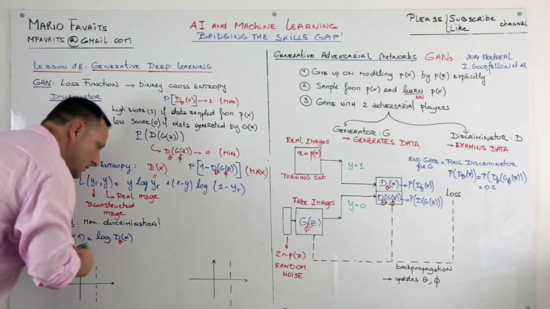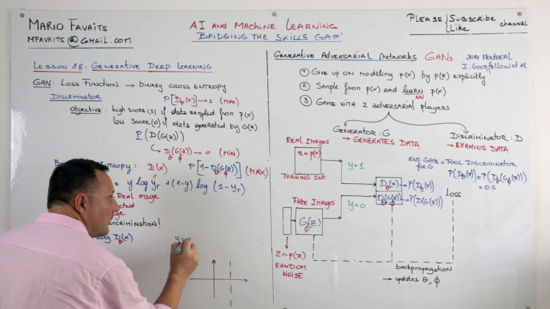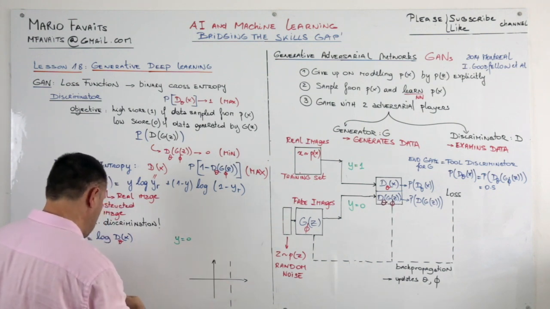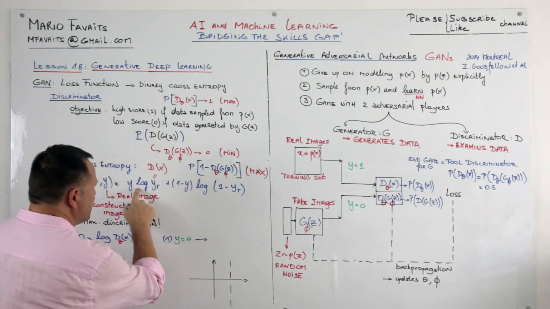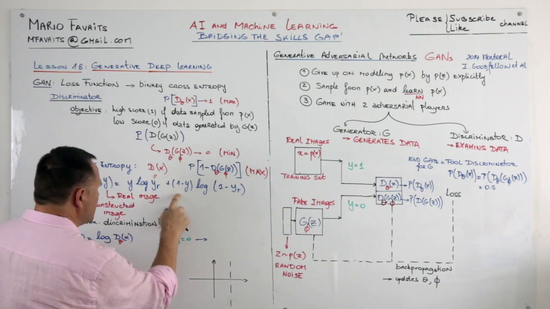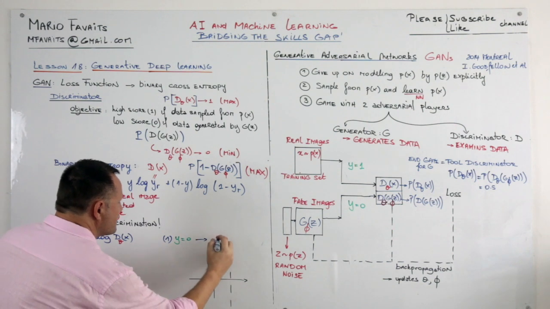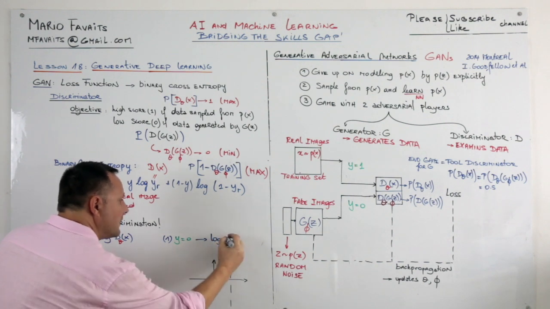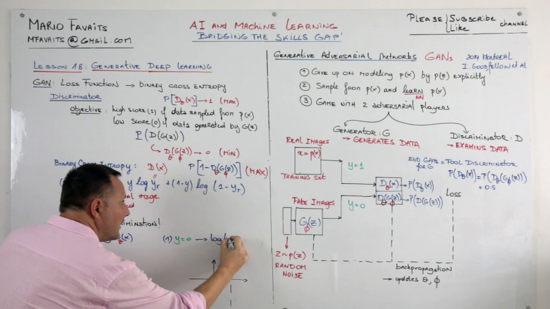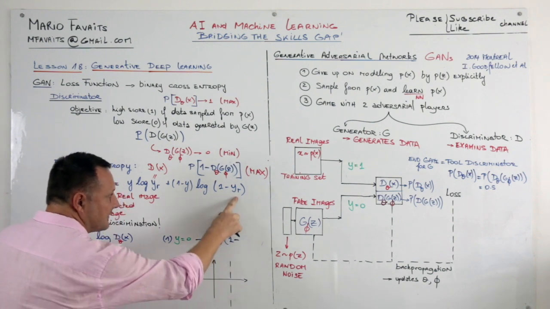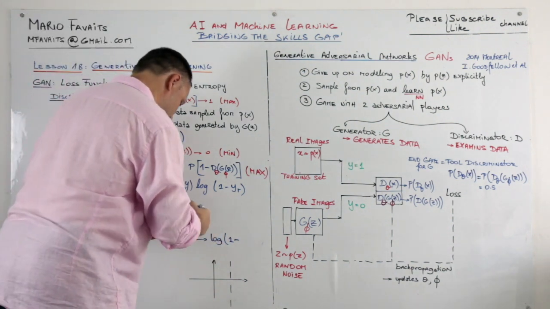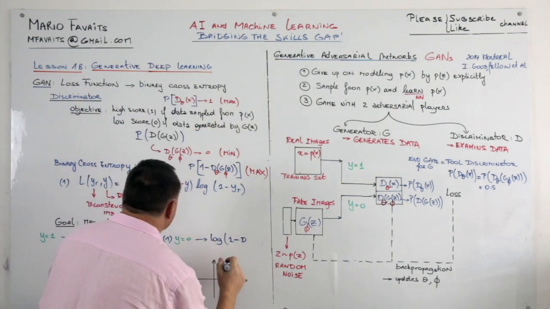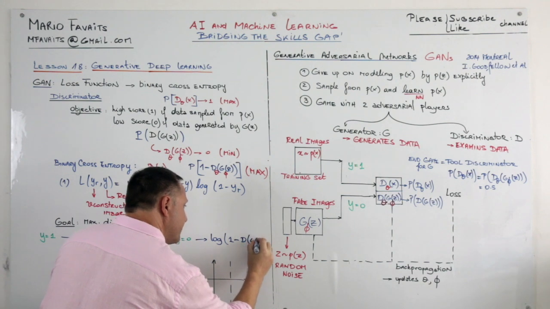Now, if y is 0, that means that using formula 1, this term will disappear, and this term will be log of one minus, and in this case the reconstructed image is this one, d of g of z.